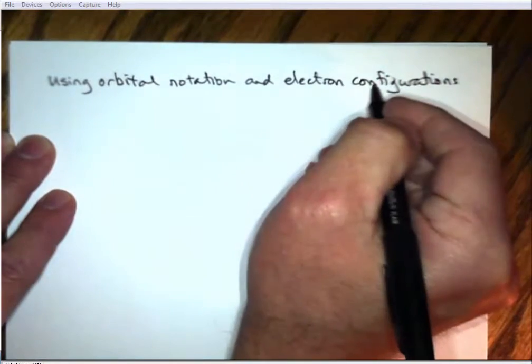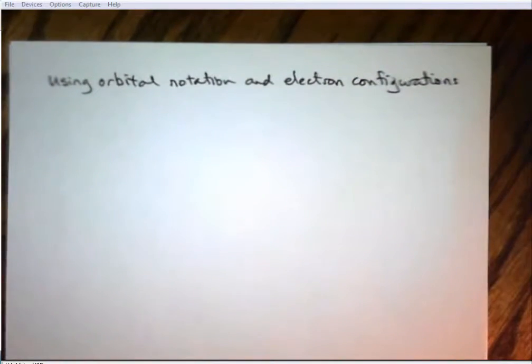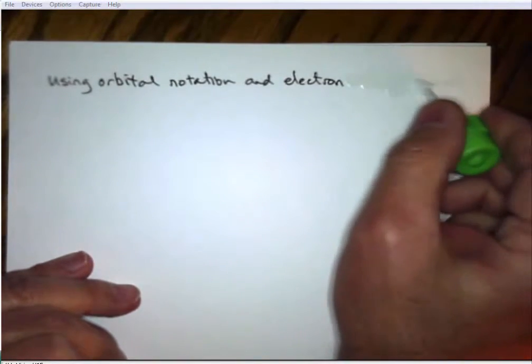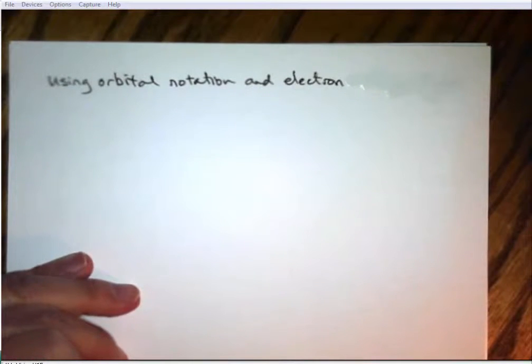Not electron configurations, I'm sorry, electron dot formula is what we want. So used to the last unit when we're doing electron configurations and orbital notations, we want electron dot formulas here.